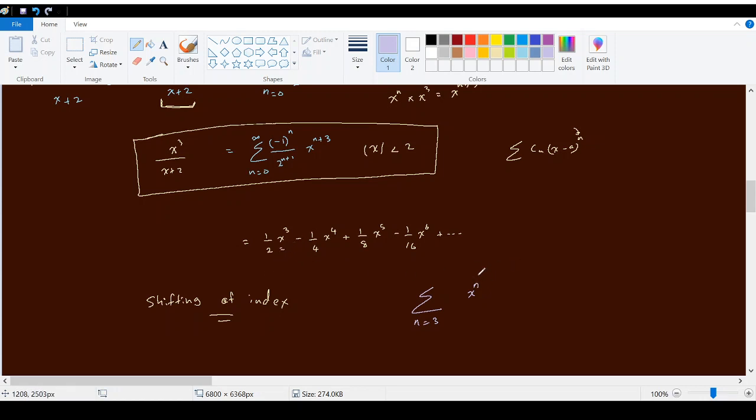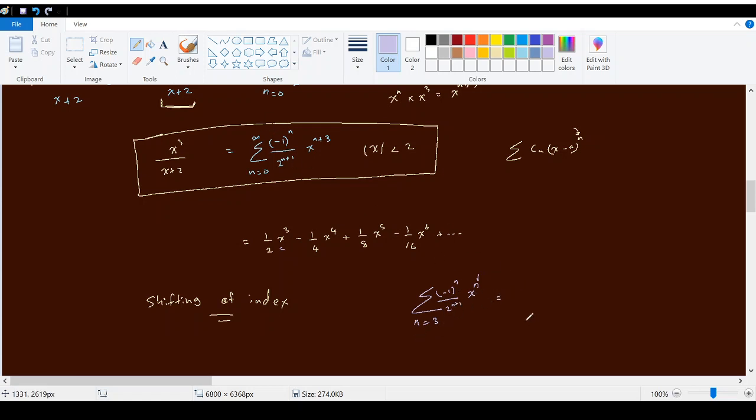Now see, here we have written x to the power n. But if you just write down this term in front of this x to the power n, then things will go bad.